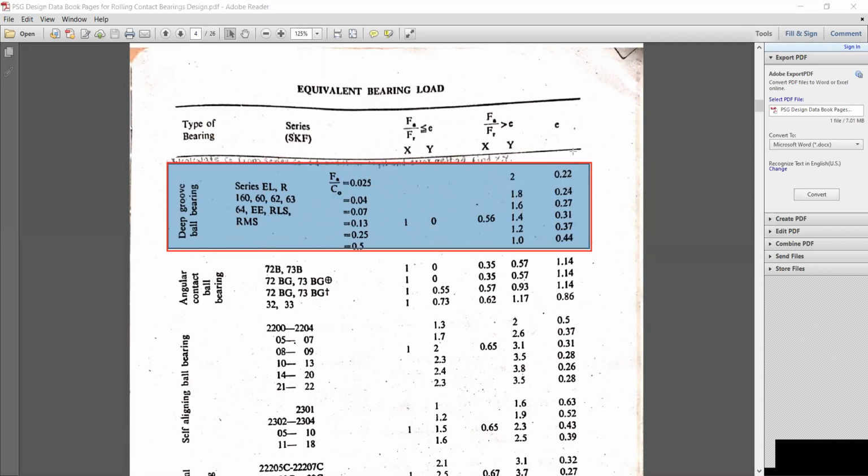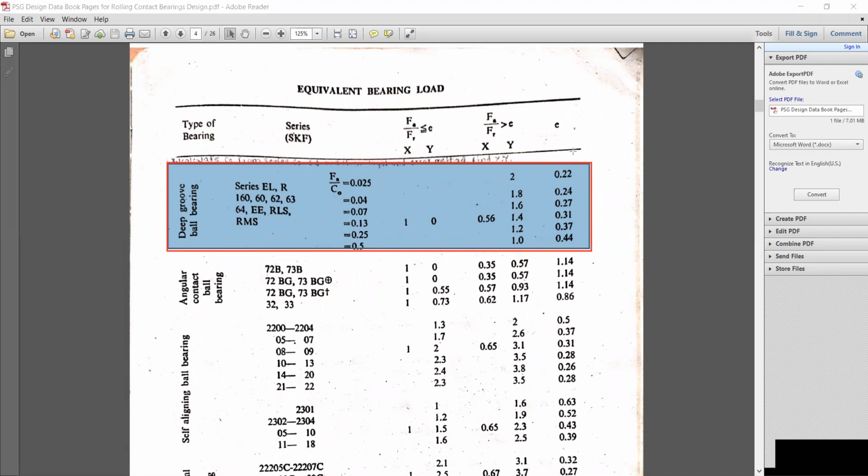Now we need to select proper values of X and Y. There are two conditions: the ratio Fa upon Fr is lesser than e or greater than e. How can we find the value of e?